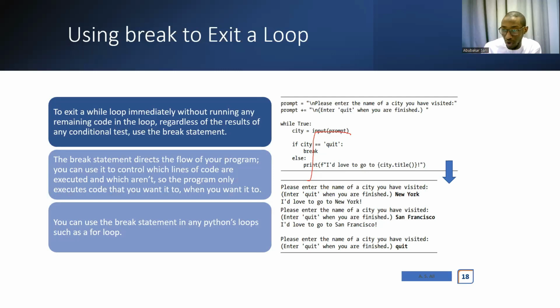Then sometimes you are running your code, you don't know the condition, okay? You don't know how to set up a flag, but there is something you just want. You can use the break statement to get out of the loop. You can set while true. So when you use while true, that means you want this loop to continuously run forever to infinity.